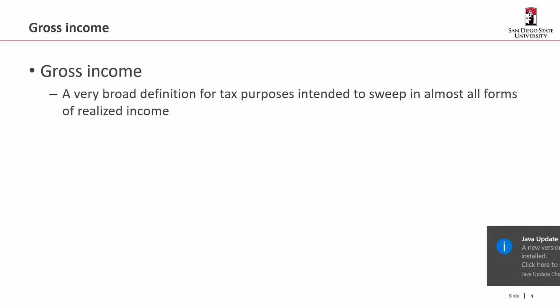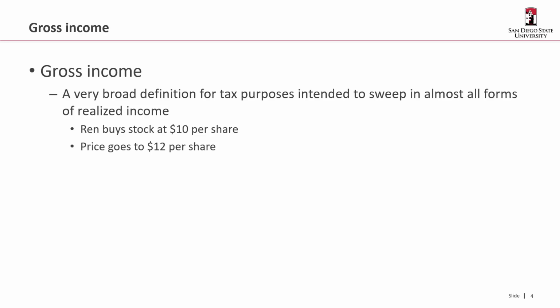I know I am. Gross income is a very broad definition for tax purposes. It's intended to sweep in almost all forms of realized income. So, Ren buys a stock at $10 a share. The price goes to $12 per share. I think we can argue that for sure Ren has income. He's $2 better off than he was.